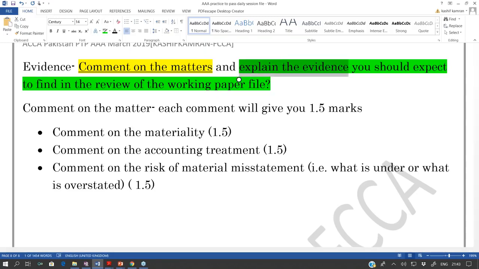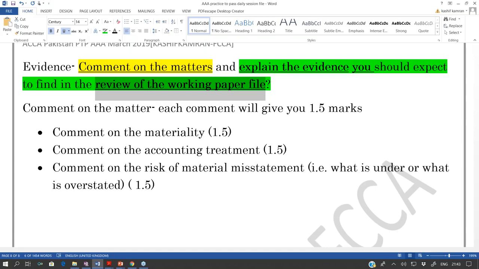You, the manager, should expect to find in the review of the working paper file. Manager is responsible to review the working paper file, right? So reviewing the working paper file is the responsibility of the manager.